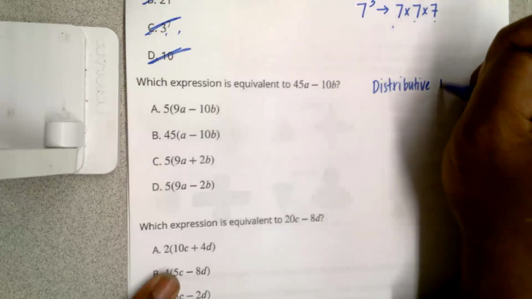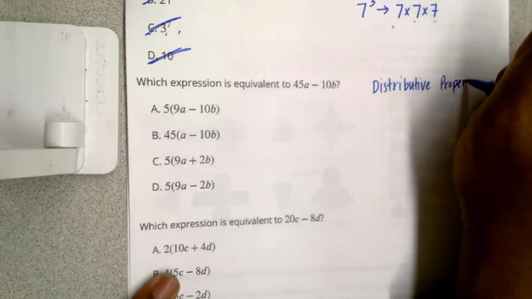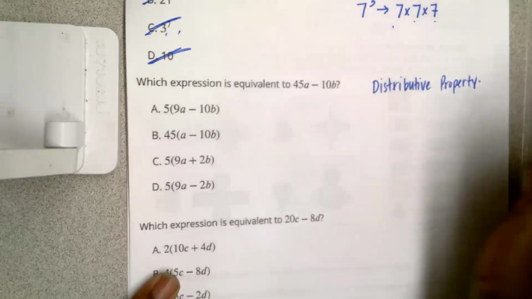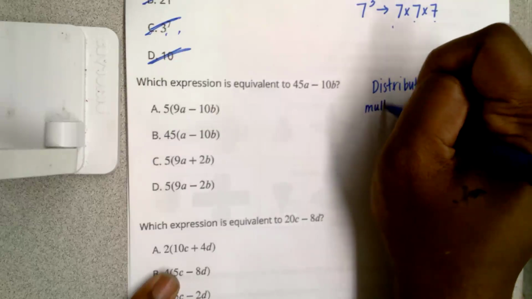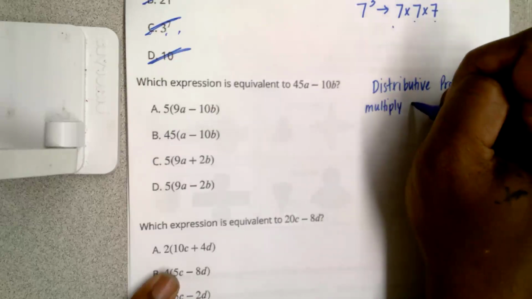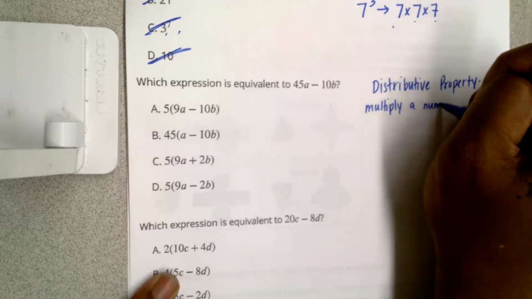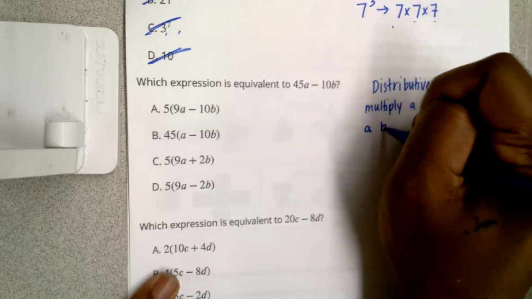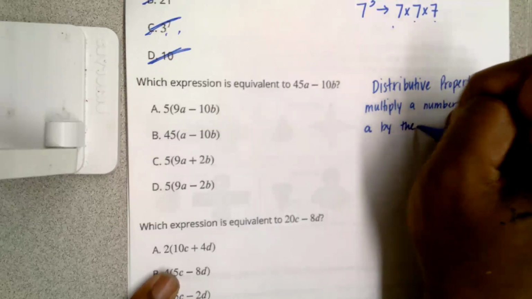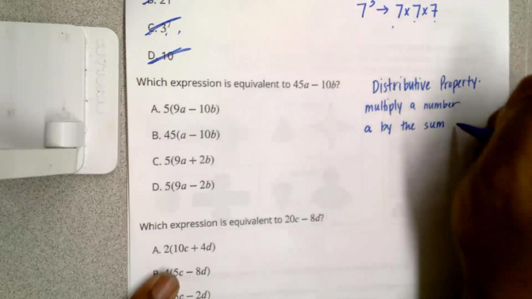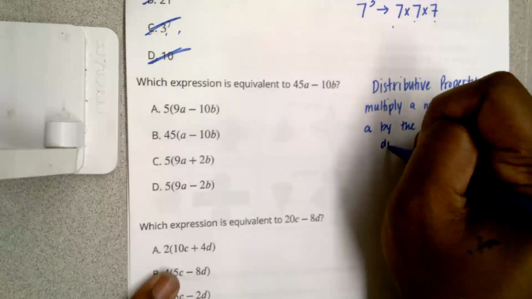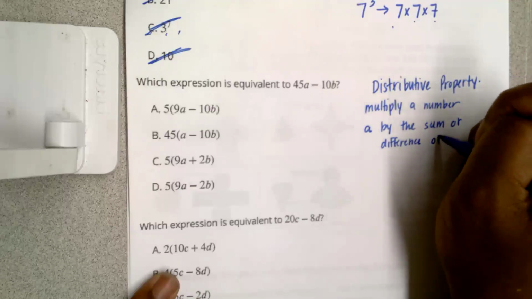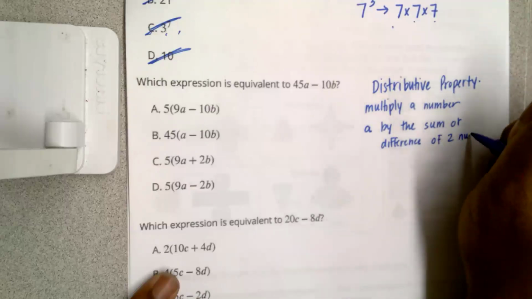Distributive property, right? Distributive property is when you multiply a number A by the sum or difference of two numbers, or two or more.